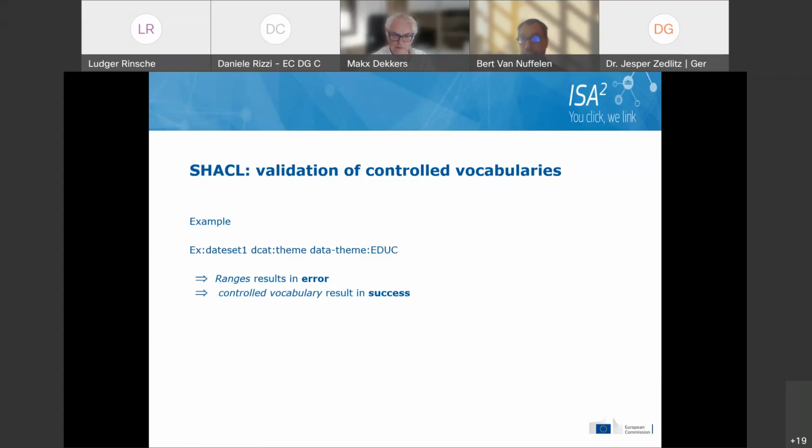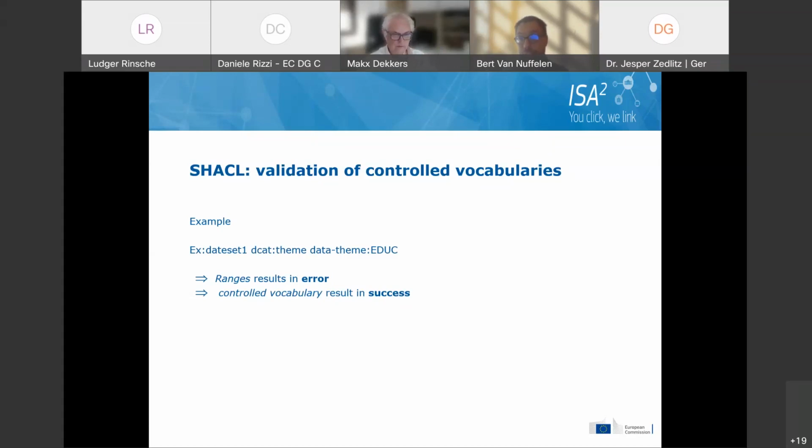That's not available in the data, and therefore you get an error. If you do the controlled vocabulary tests, you will see that this actually gets a success, because behind the scenes we download the controlled vocabulary. For every concept there is an inScheme element, and then we have a success. So you get both outcomes depending on the file or the check we do.